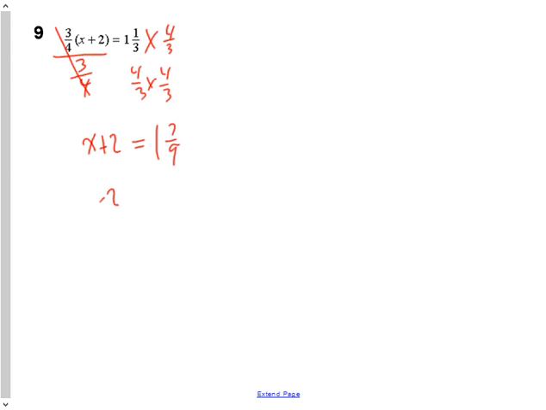Subtract 2 from both sides, and x will equal negative 2/9. Is that right? I think so, isn't it? Yeah. Negative 2/9.